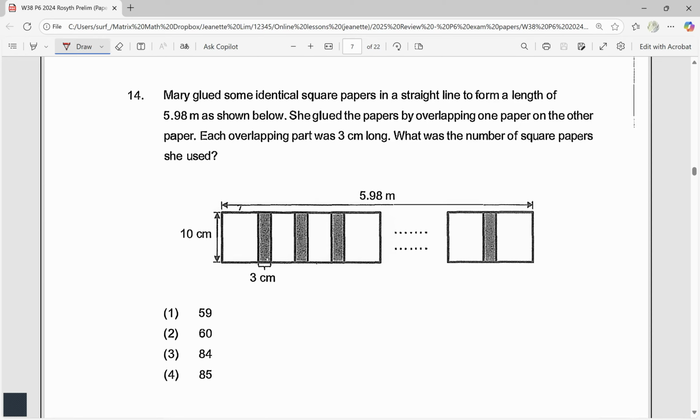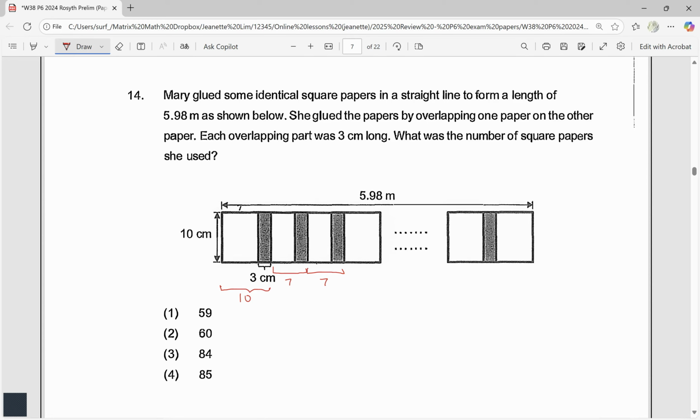So the first square, right, is only overlapping on one part. So this first square, since it's a square, this is a 10 cm. Okay, then the next part here would be 7 cm. Because it's a 10, but this overlapping is already counted for, so there's a 7. Then same for this next one, 7.